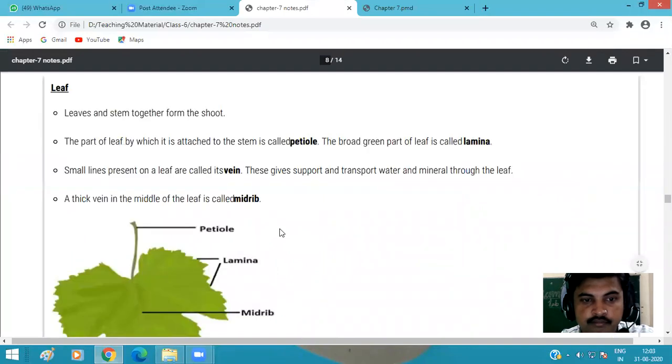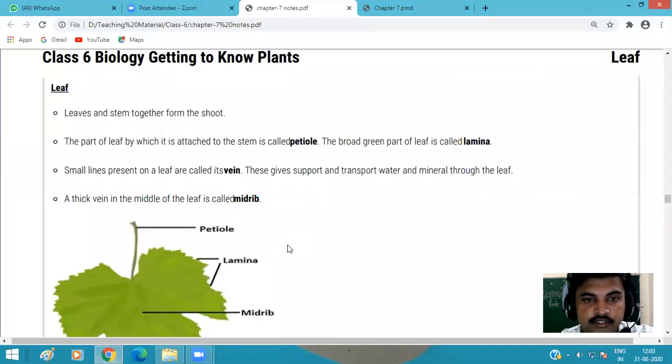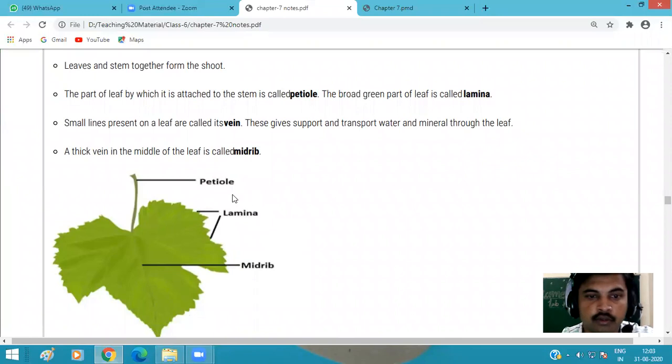See this picture, all the parts of the leaf are shown here. This is the petiole, by which the leaf is connected to the stem, and the whole broad area of a leaf is called lamina. The middle vein is called the midrib, and on both sides of the midrib, the network is known as veins.